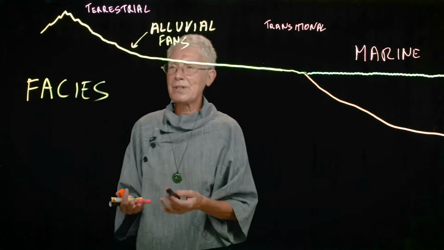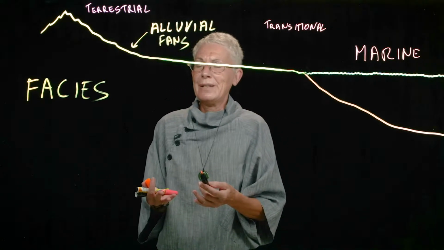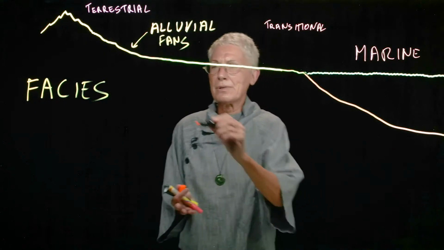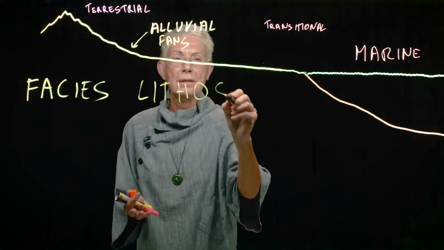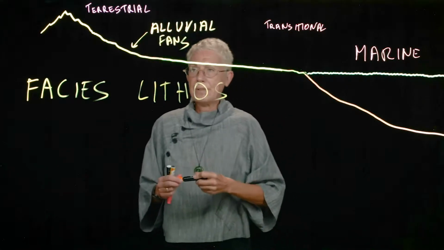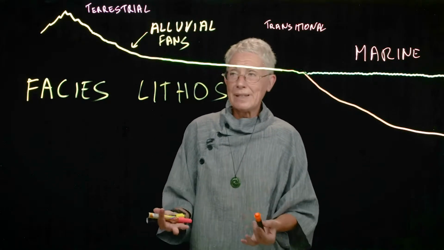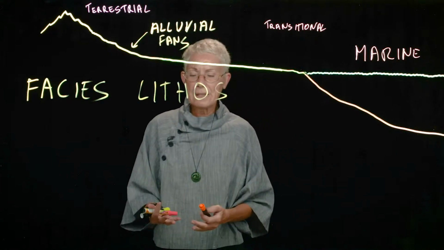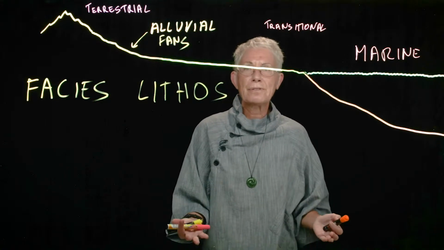So facies is actually a rock. And when it's a rock, it's called a lithofacies, because lithos means rock in Greek. And that rock will have sedimentary texture and structures which are typical of the environment of formation.